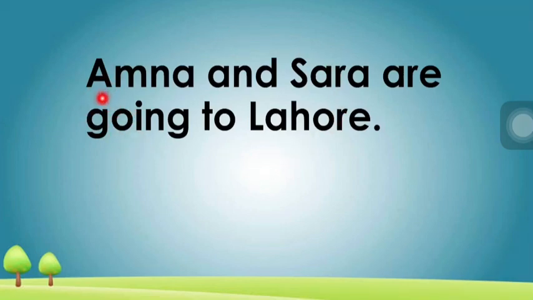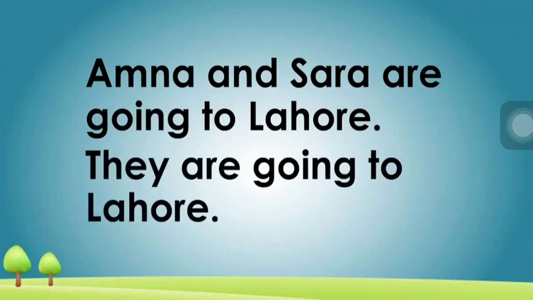But since I am talking about two or more people in which I am not included, I will use pronoun they. I will write they are going to Lahore. Is it clear? I will not use we here because I am not a part of this particular trip.